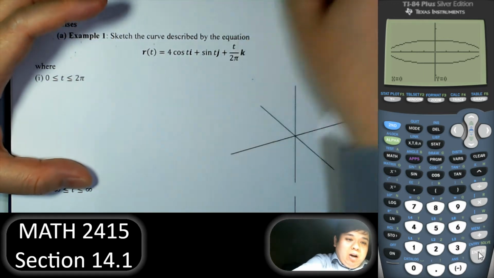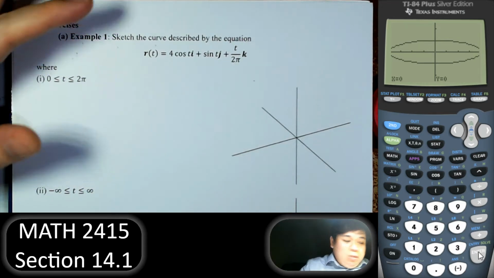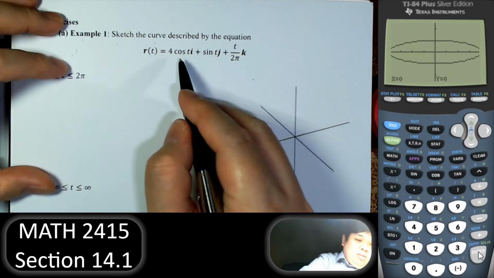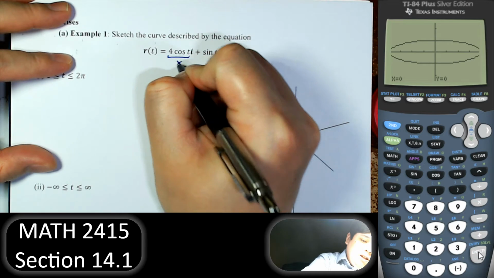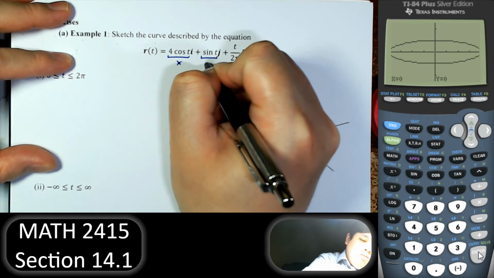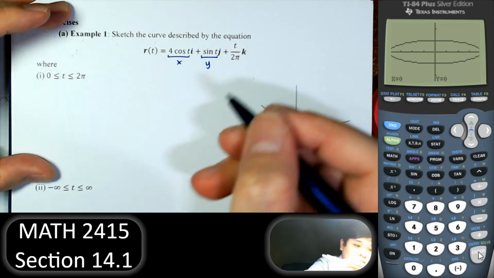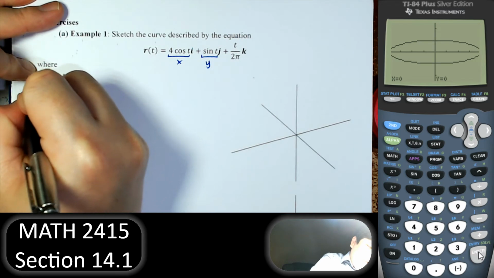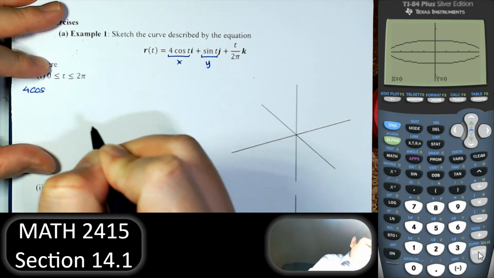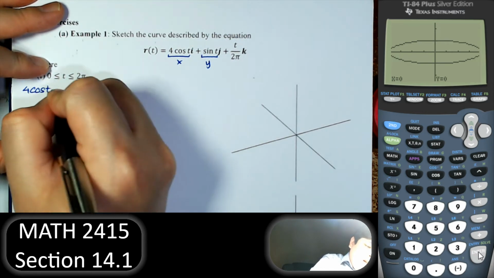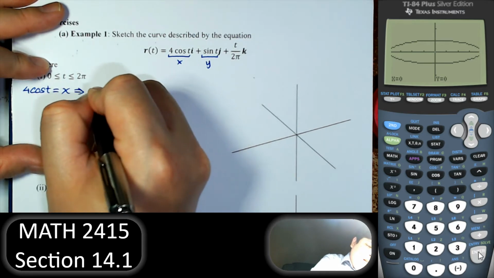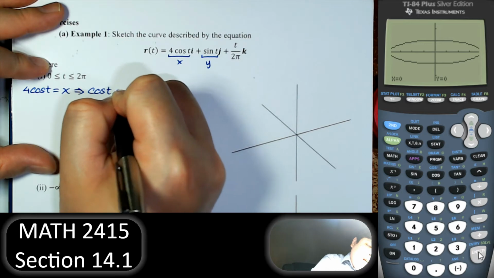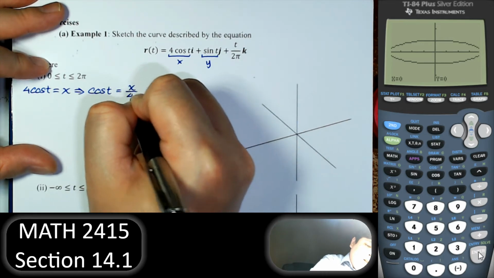All right, let's say we don't know that. Let this be x and this be y. So we have 4 cosine of t equal to x. Let's solve for cosine of t: cosine of t is equal to x over 4.